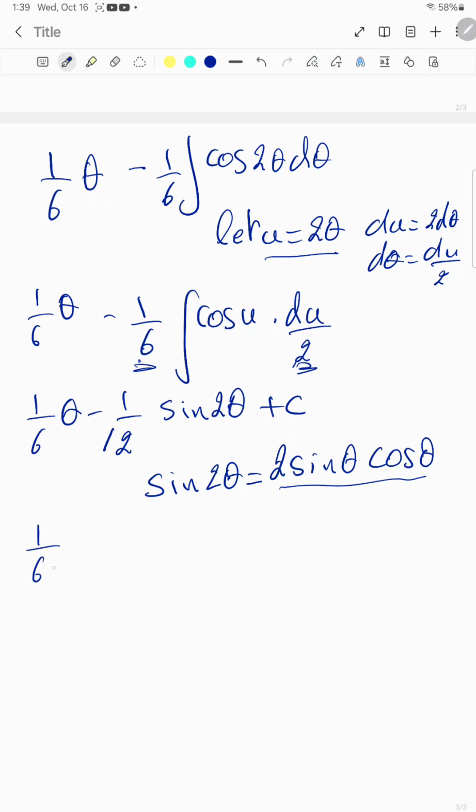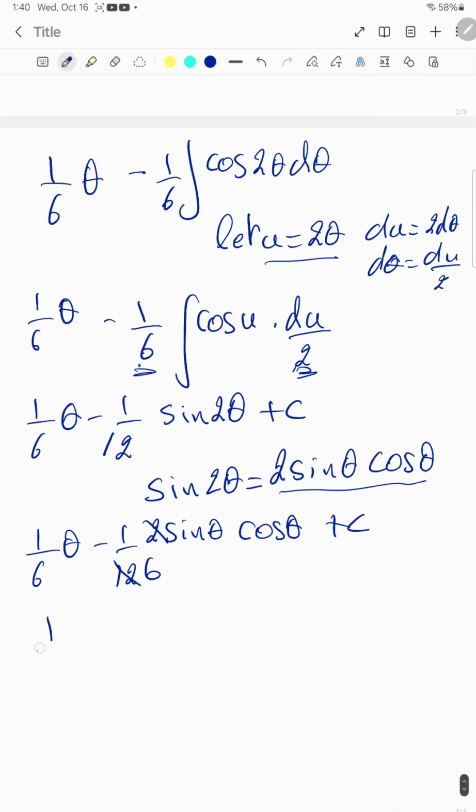So the solution will become 1 over 6 theta minus 1 over 12, instead of sine 2 theta, I will write 2 sine theta cosine theta plus c. So this 2 and this 12 become 1 over 6. So it's 1 over 6 theta minus 1 over 6 sine theta cosine theta plus c.